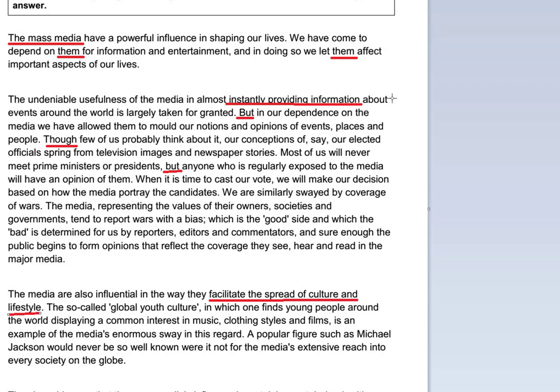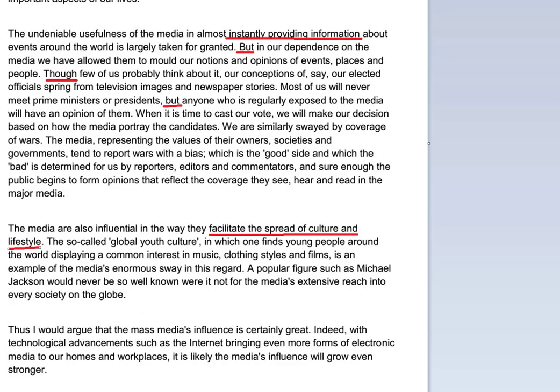So I feel the writer should have put the negative in its own paragraph and put the positives in their own paragraph. Thus, I'd argue. So great. Okay, so here's the writer's position.